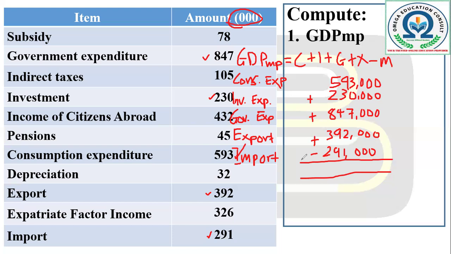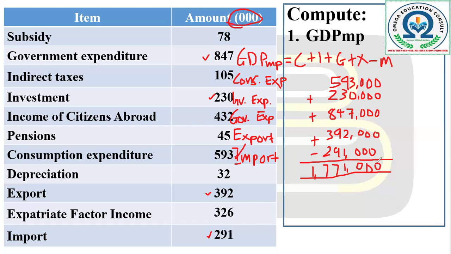Okay, so that gives us 1,771,000. So that is our answer for the gross domestic product at market price.